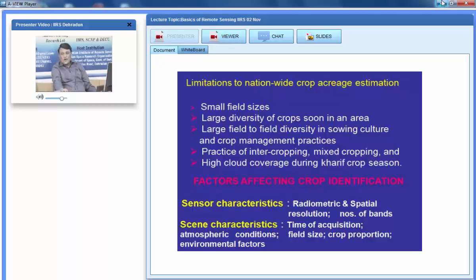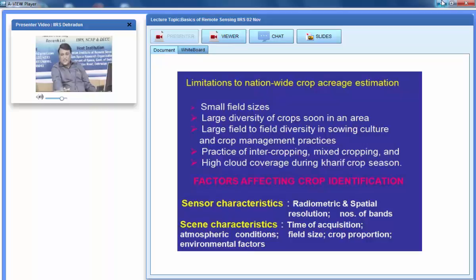Another limitation is the large diversity of crops. If there is a monocrop region, it is easy to discriminate different types of crops. Like Punjab, Haryana, where during the Kharif season only rice, maybe cotton or sugarcane, 2-3 crops are grown and they are also in large patches.